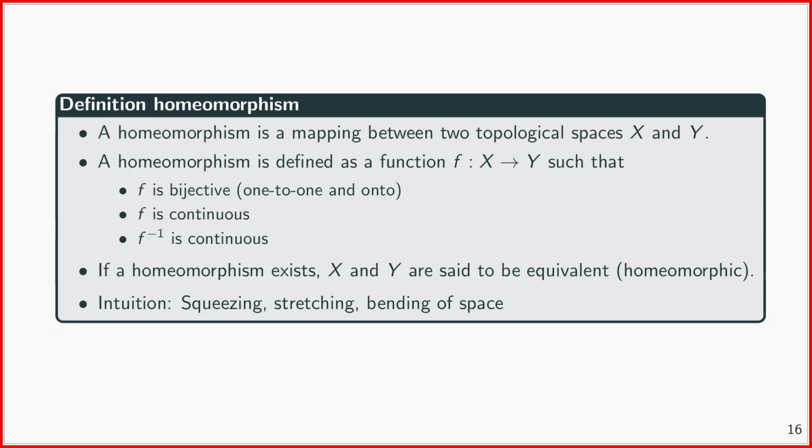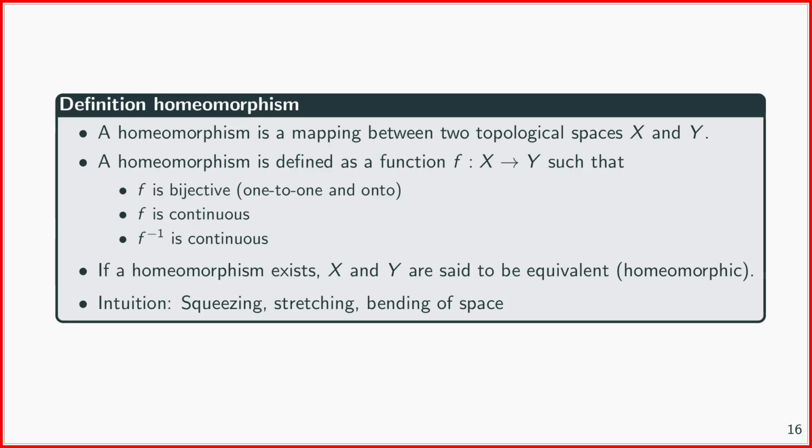Okay, so a homeomorphism is basically just a mapping between two spaces, X and Y. And a homeomorphism has certain properties. One is that it's bijective, one-to-one and onto, which means every point in space X has an equivalent point in space Y, and you can just move between them. And also this mapping needs to be continuous and has a continuous inverse.